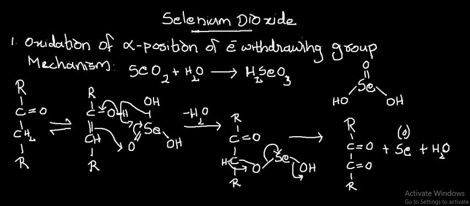Here this bond will shift to the carbon to single bond oxygen and be converted into C=O, and this bond breaks to selenium and the OH group gets eliminated. In total H2O gets eliminated and selenium is precipitated as a black precipitate.